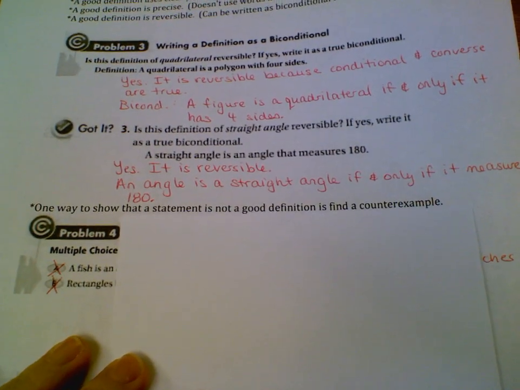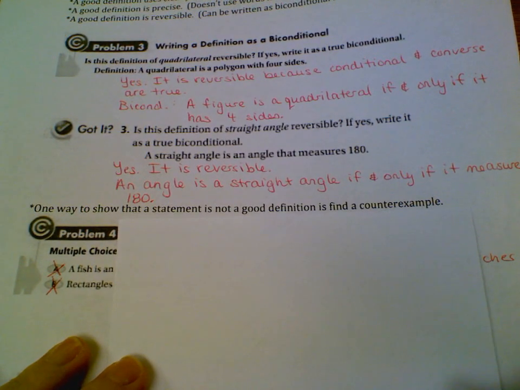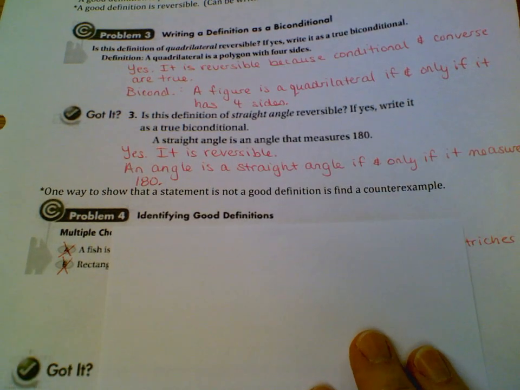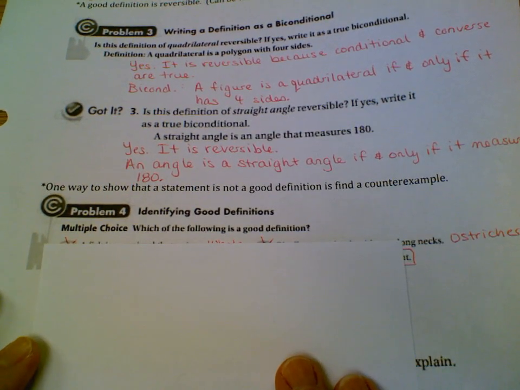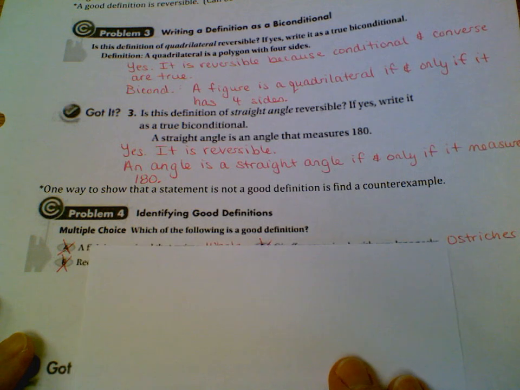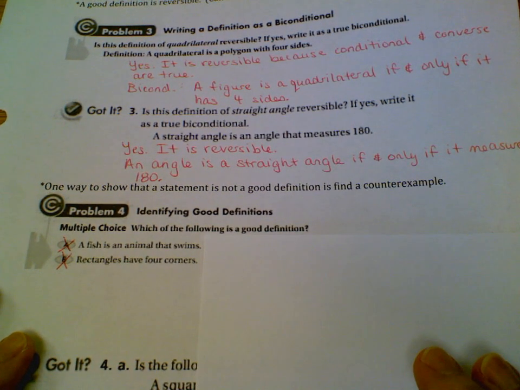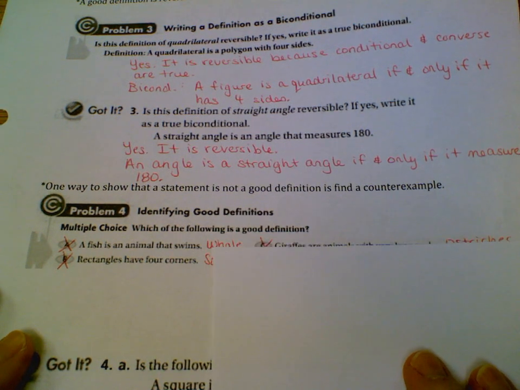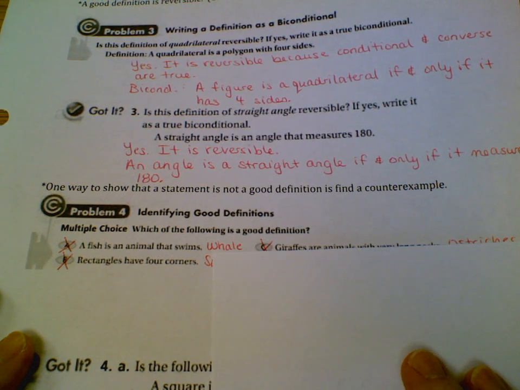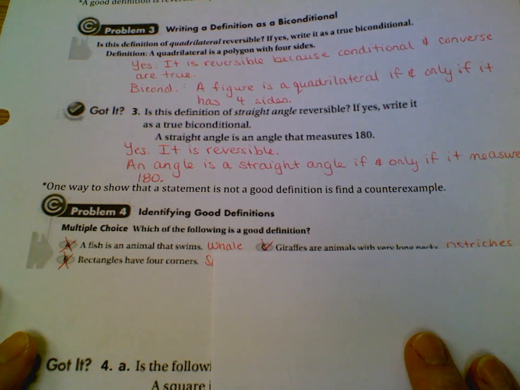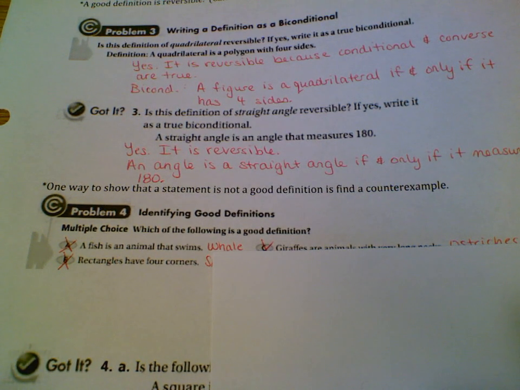Alright, one more way to show that a statement is not a good definition is when you find a counterexample. So, it says, which of the following is a good definition? My first one is, a fish is an animal that swims. Well, a whale also is an animal that swims, so that isn't specific. Rectangles have 4 corners.